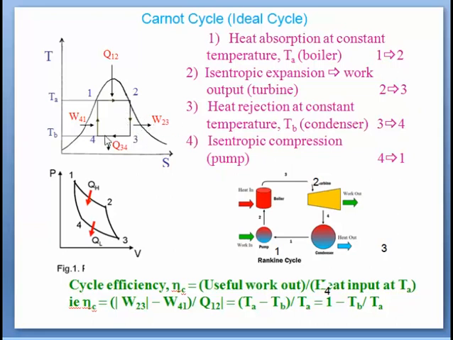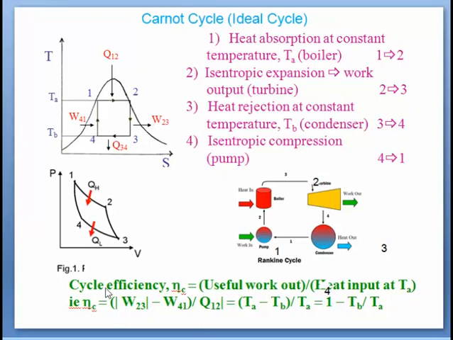Then 3 to 4 is the condensation process that takes place in the condenser where heat is rejected, and this process is isothermal. And then 4 to 1 is the pumping work, and that also takes place isentropically.